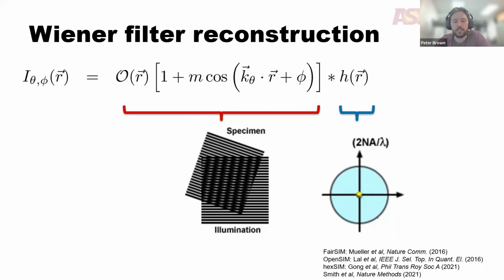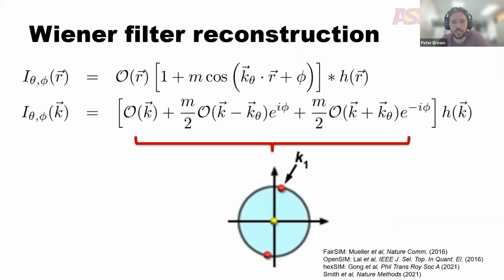We've discussed SIM already in the context of frequency mixing, so it's very useful to look at what this equation becomes if we take a spatial Fourier transform. In spatial frequency space, this product is converted to a convolution, and this convolution is converted to a product. When we take the convolution of the SIM pattern with the object, we get our frequency mixing effect. And now we have three terms, which we'll refer to as bands, in our image. We have the Fourier transform of our object, which is the same as we would get in wide field microscopy.